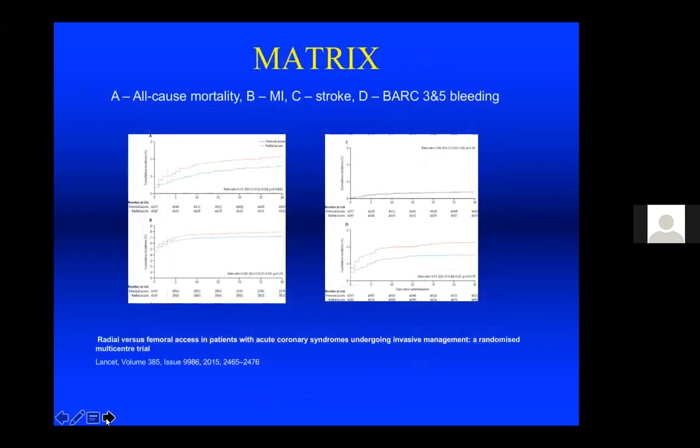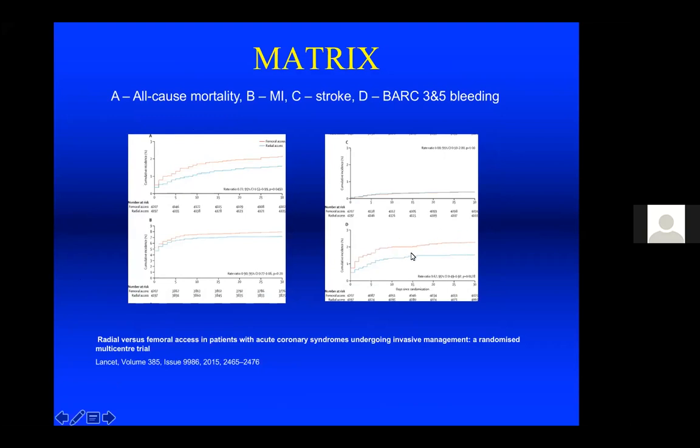The Matrix trial, which was a randomized trial between femoral access and radial access, showed the same data. This is all-cause mortality in the upper left panel. And then BARC 3 and 5 bleeding is down here.